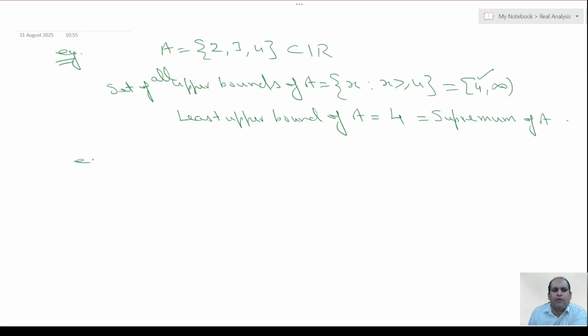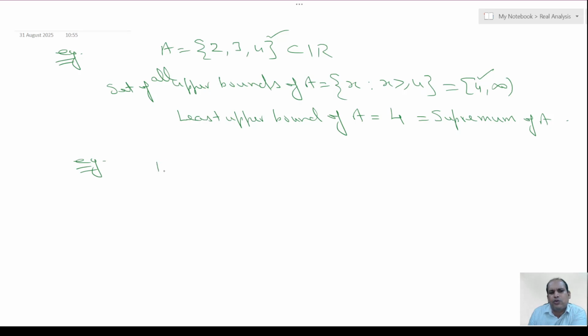Similarly, one can take another example, and this set is also bounded above. There exists at least one upper bound, say 4, or in fact every real number greater than or equal to 4 is its upper bound, but to show that a set is bounded above, we need to just produce at least one upper bound. Similarly, one can take a countably infinite or uncountable set.